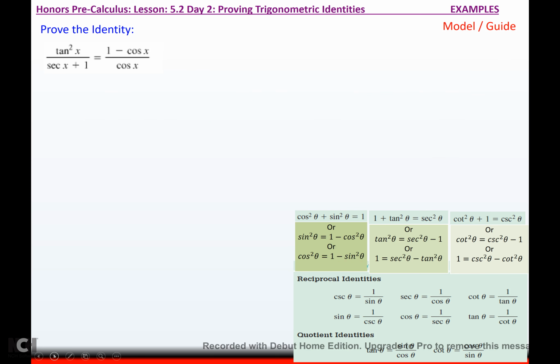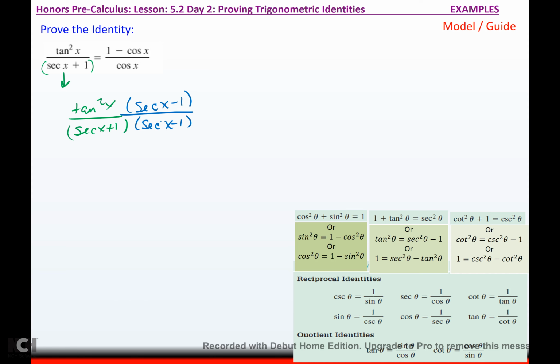All right, if we try this one, same thing. I'm looking at the bottom and I'm thinking difference of squares. If I take this one, tan squared x over secant x plus 1, I'm going to multiply by its conjugate to create difference of squares, so secant x minus 1, but I got to do it on top and bottom.